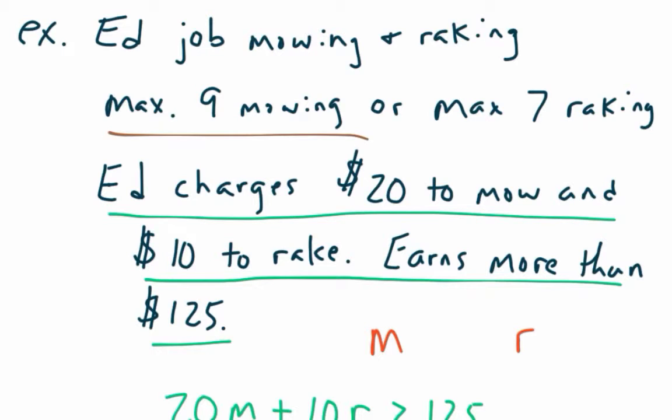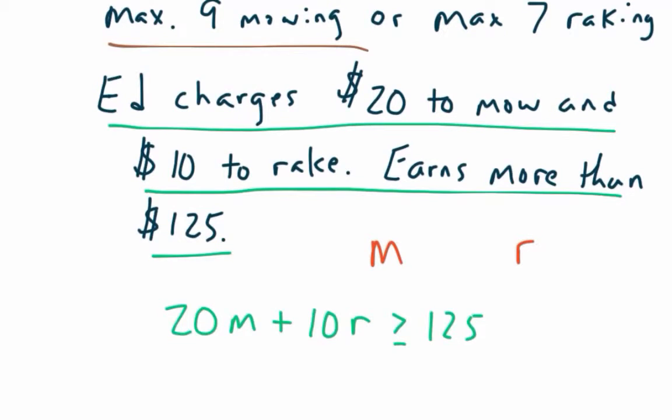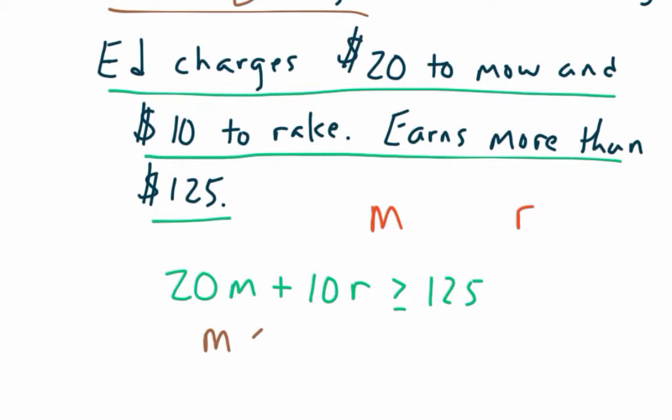Now, if I jump up a little bit, if he has a maximum of 9 lawns that he can mow, how would you write that one? If he just mows, no raking, he could do up to 9 lawns. How would you write that? So something with an M because it's mowing, and something with a 9. It doesn't have to do with pay though, so you don't want to do 20M. M is less than or equal to 9.